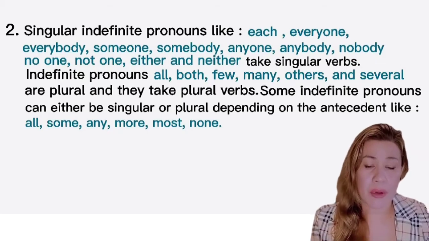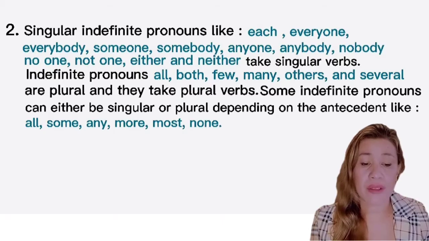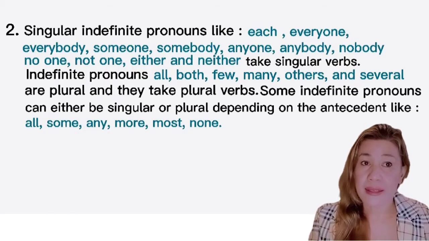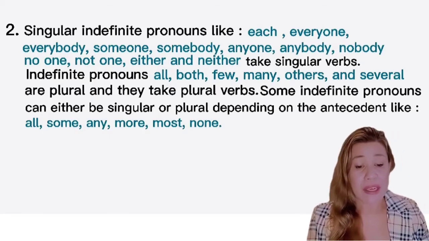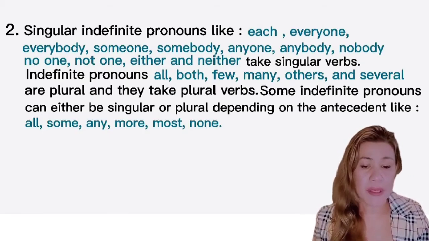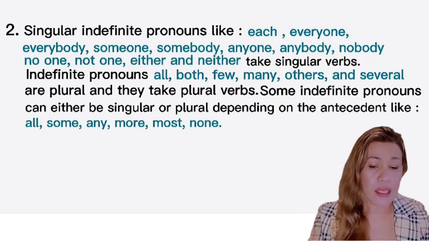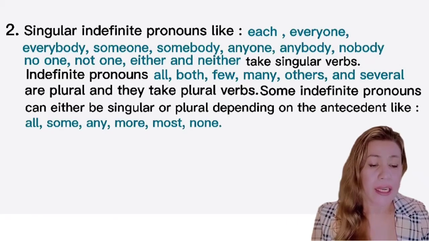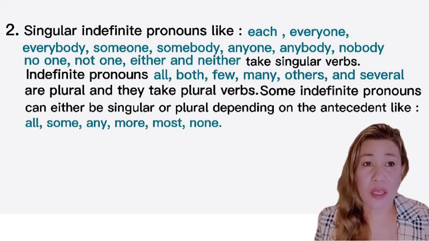So, you have the list there with you. There are also some tricks here because there are indefinite pronouns which can be used singularly and plurally. So, take a look at this. Some indefinite pronouns can either be singular or plural depending on the antecedent, like all, some, any, more, most, or none. Now, I have here a word antecedent.